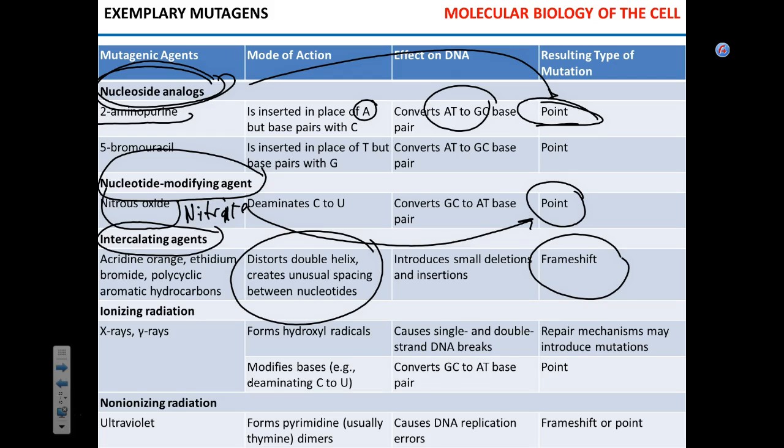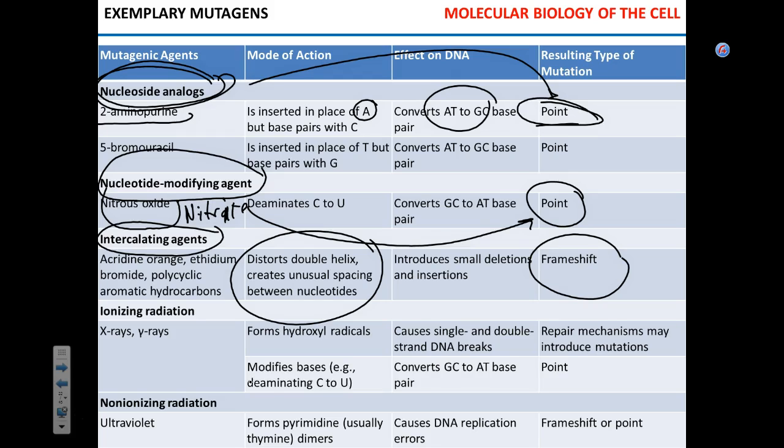Yes. Intercalating agents, they basically stick themselves between the adjacent nucleotide pairs, distorting the structure of the double helix. And that will cause frameshift mutations. That good?